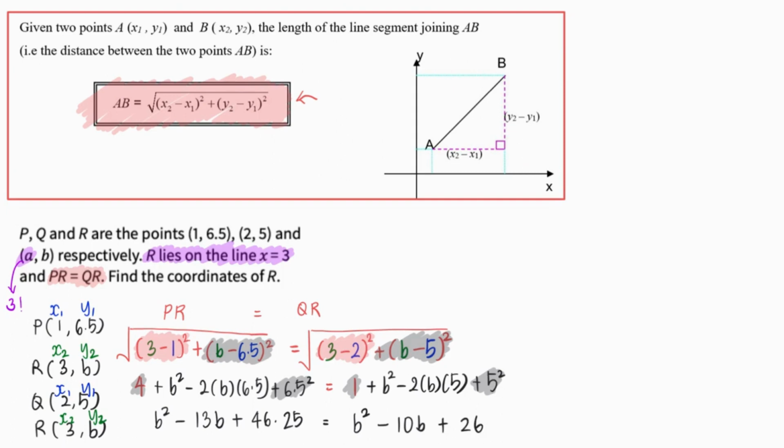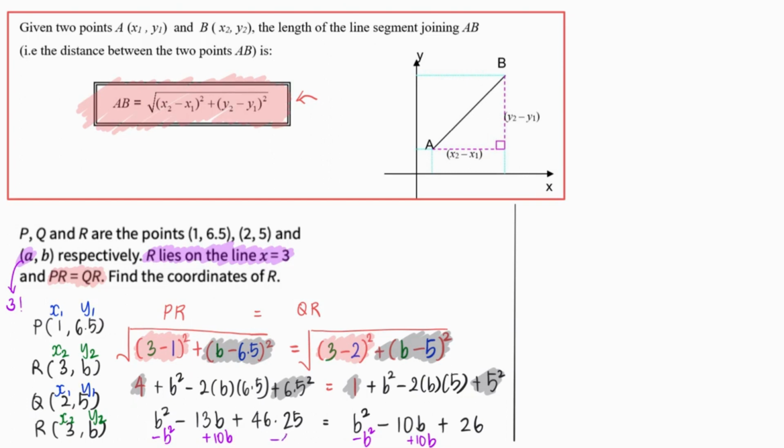So let's continue to solve for B. And once we have B, we will be able to get the coordinates of R. On the next line, I would then minus b square on both sides. I would add 10b on both sides, so that my right hand side there is no more b.